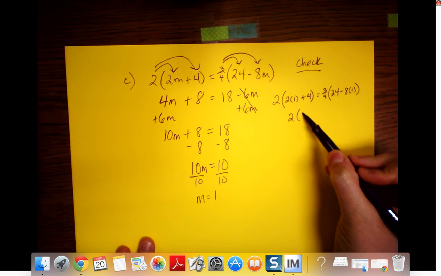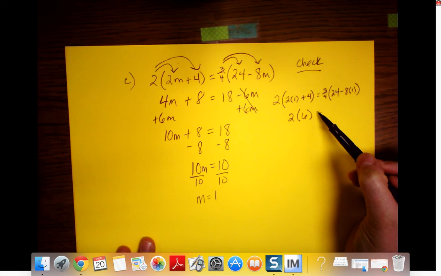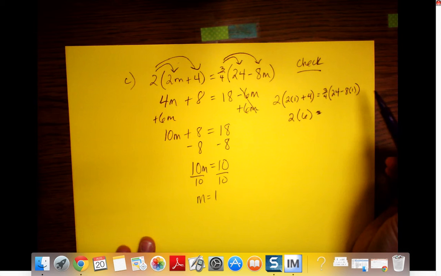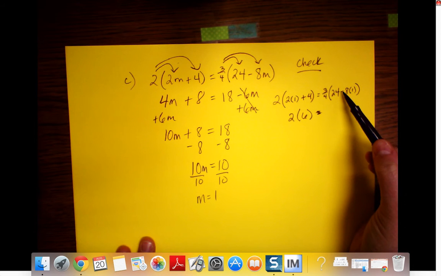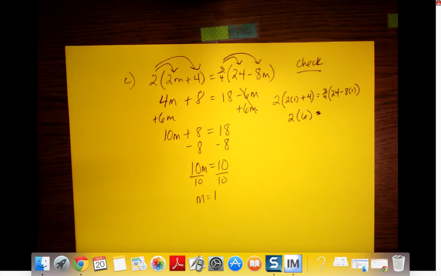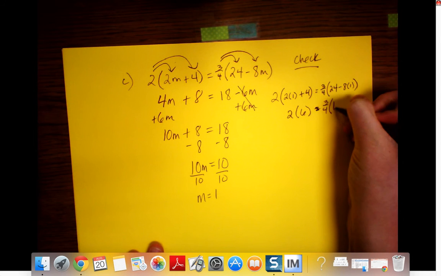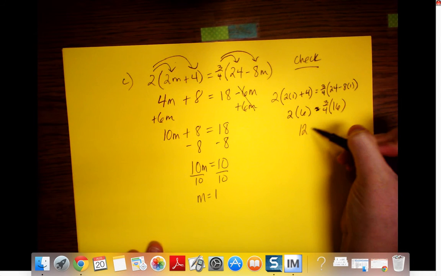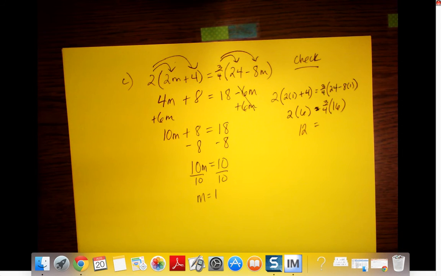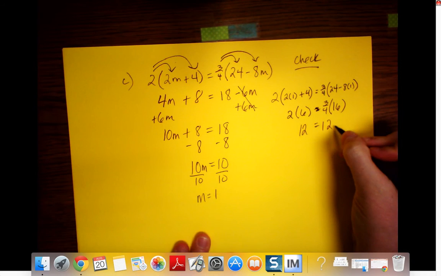So that's 2 times 6. Then 24 minus 8, that negative 8 times 1 is still negative 8. So 24 minus 8 is 16. 2 times 6 is 12. And then we can say 16 times 3 and then divide by 4. And that is also 12. And that is correct.